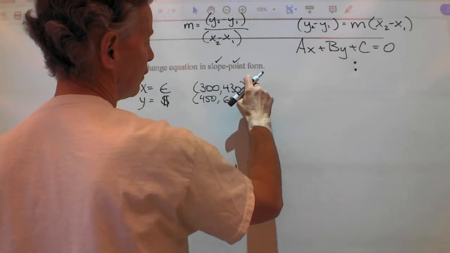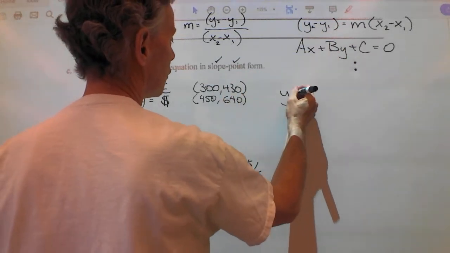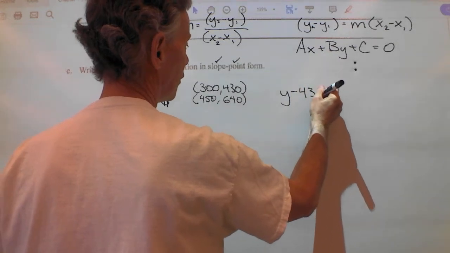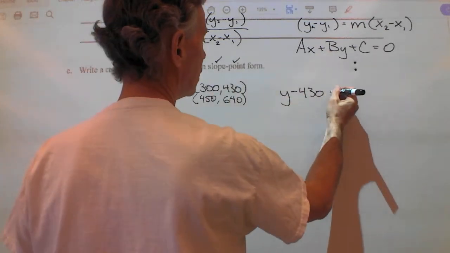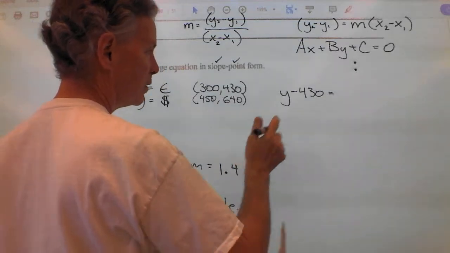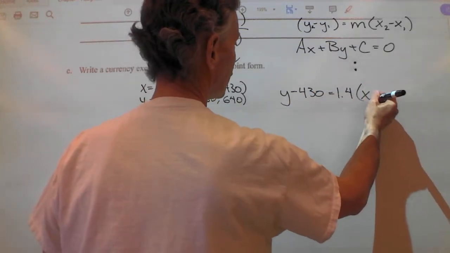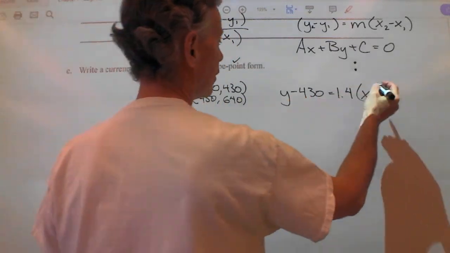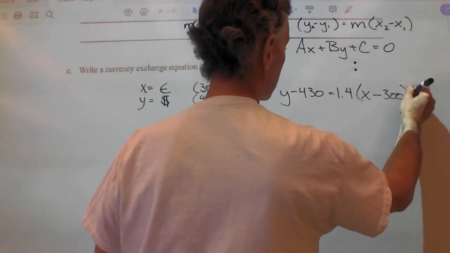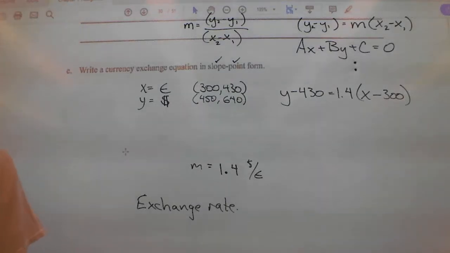I'm going to use the first point, so it becomes y minus 430, my y coordinate, equals the slope, 1.4 times x minus my x coordinate, which in this case is 300. That wasn't so bad.